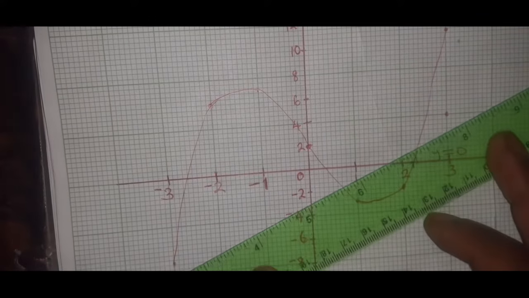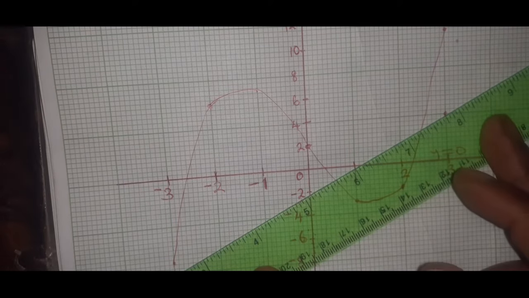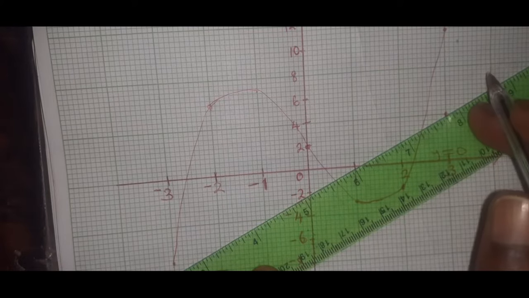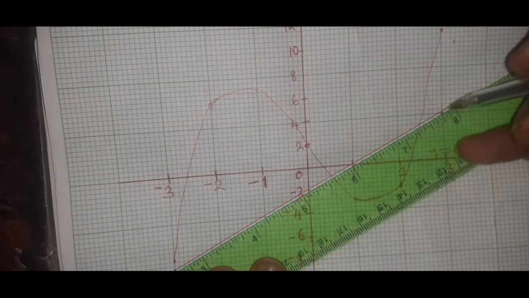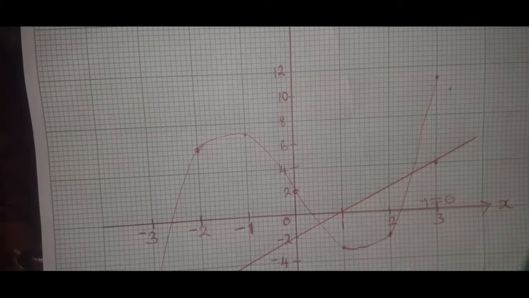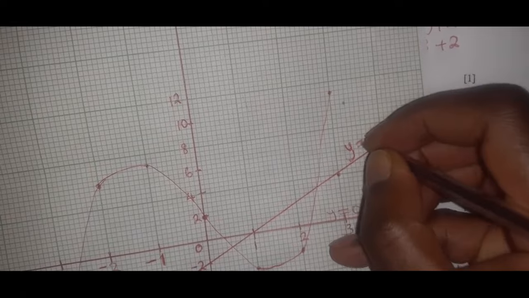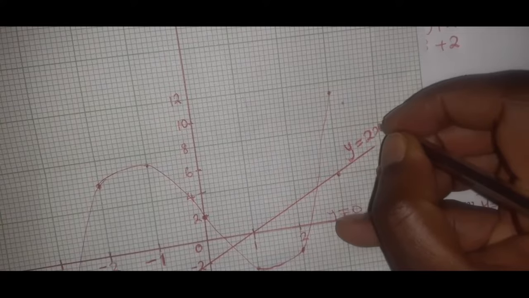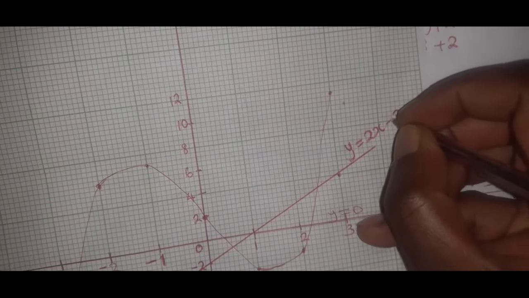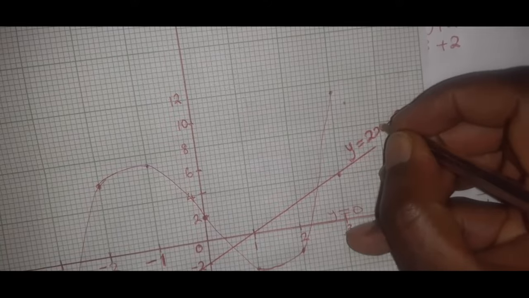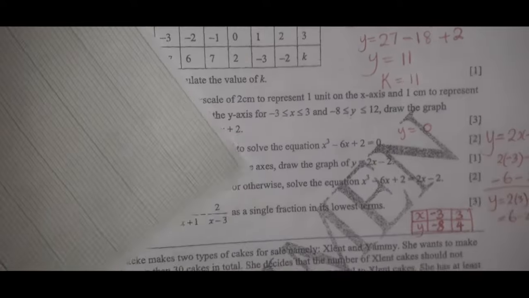So now we have y is equal to 2x minus 2. Okay, so now that is what we have done.